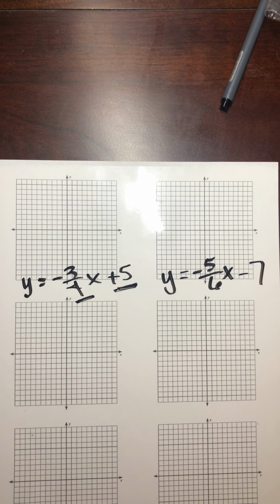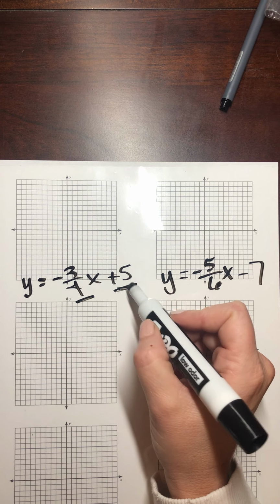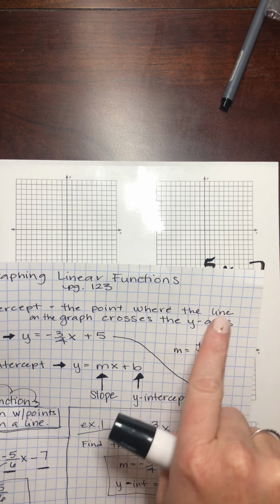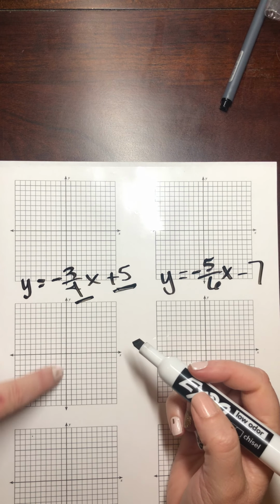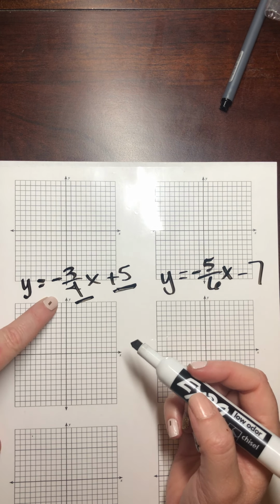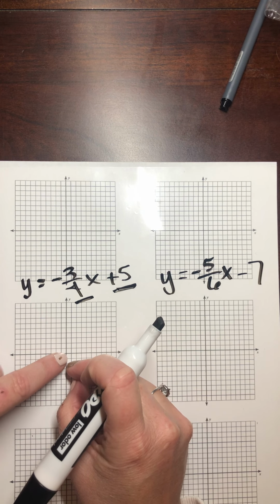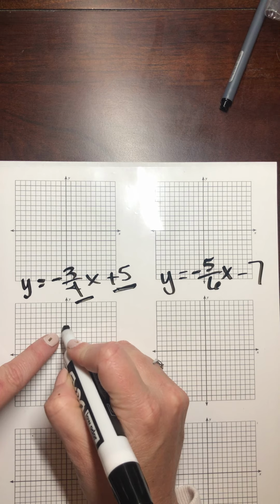There's no math other than basic, simple counting. The y-intercept, the second part, we define as the point where the line hits the y-axis. So this is the y-axis right here. This point is at 5, so we just go up 5. 1, 2, 3, 4, 5.